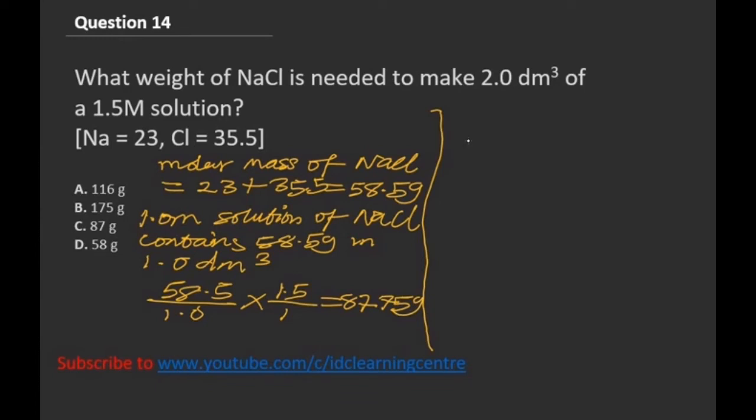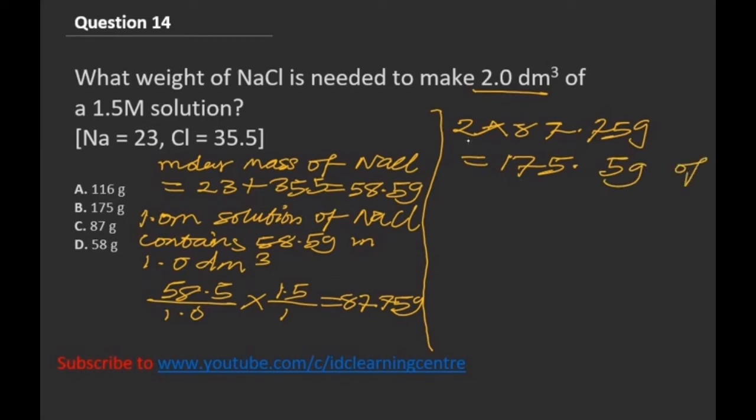So therefore, to solve for 2.0 dm cube, we say 2 times the value gotten there, 87.75 grams, which will give us 175.5 grams of sodium chloride.